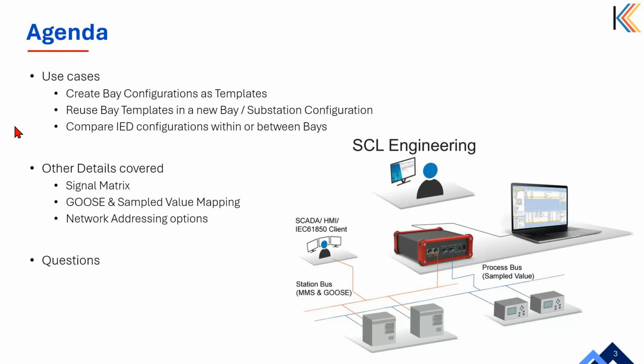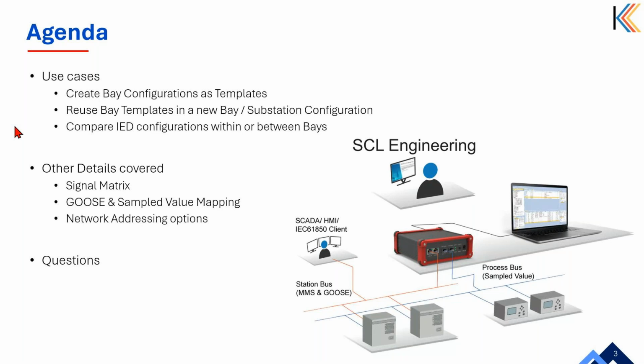The protection schemes or the general Bay configuration or Bay design will follow a pattern. Each utility may have their own philosophies to create the Bay configurations, but once these are standardized across the system, there is a tendency to reuse most of it over and over again for the new substations, and that's where the reuse of configuration will be useful.